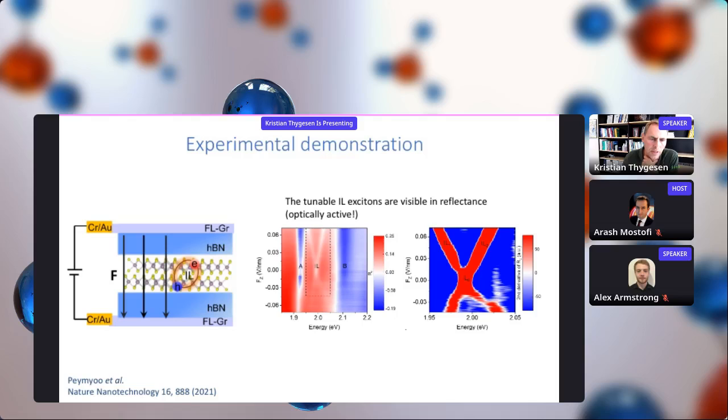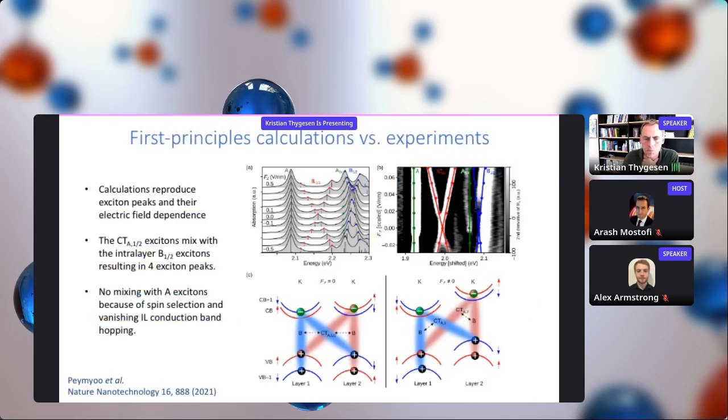You see this cross here, where one can tune the exciton energy using the perpendicular electric field. And this can again be understood by first principle calculations. We can understand which intralayer excitons can couple to which interlayer excitons and form these mixed interlayer excitons, and then we can reproduce the experimental absorption coefficients here.